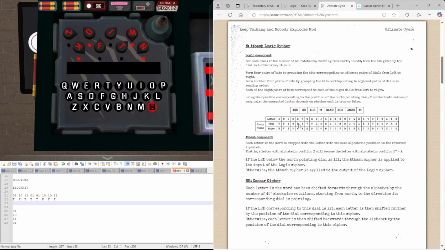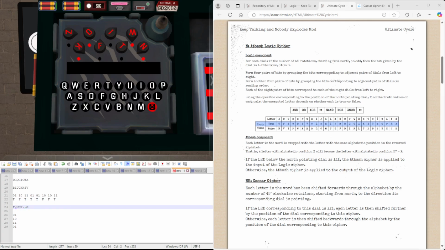But since we're decrypting it, we're going to look at it in this row and find out what letter it was beforehand. That would become F, M, H, K, and G.